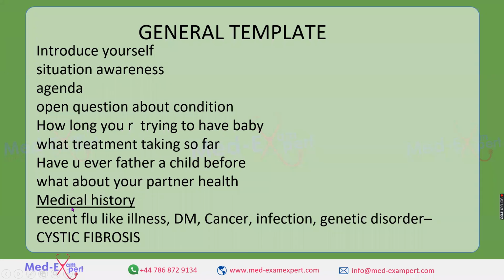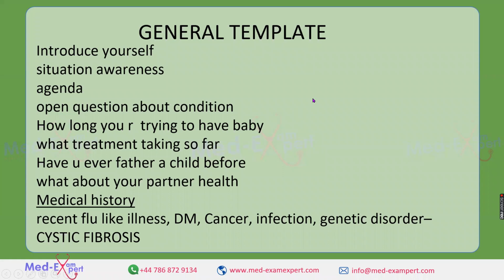Then we come to the medical history. In the medical history, you will not ask about all these conditions separately: DM, cancer, infection, genetic disorder, cystic fibrosis, though you must know that these conditions are related to male subfertility. So you will ask an open question: do you have any other medical illness?